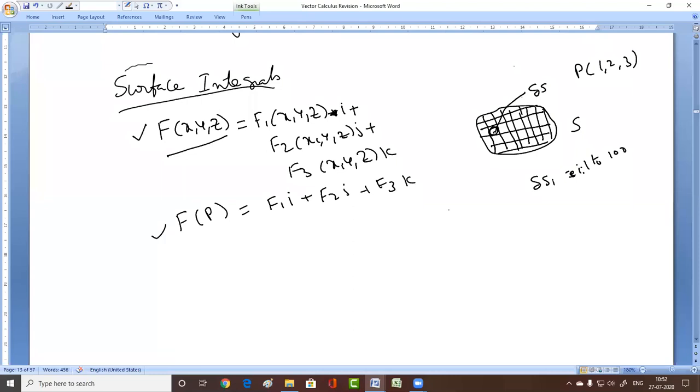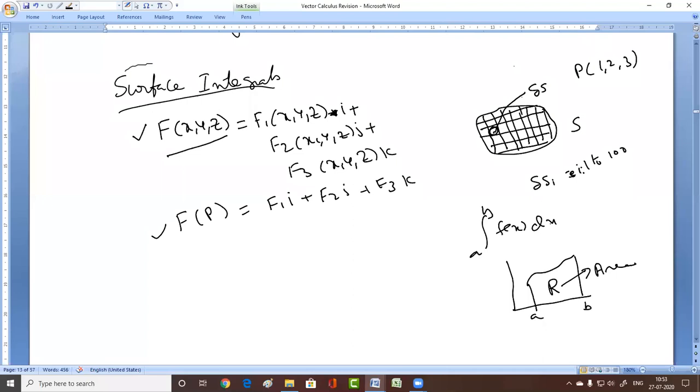Now what is the integration? What is the meaning of the integral a to b f of x dx? Ordinary integration. Let me recall. Suppose this is a curve, this is the point A, and this is the point B. The region, the total area, is called the integral a to b f of x dx.